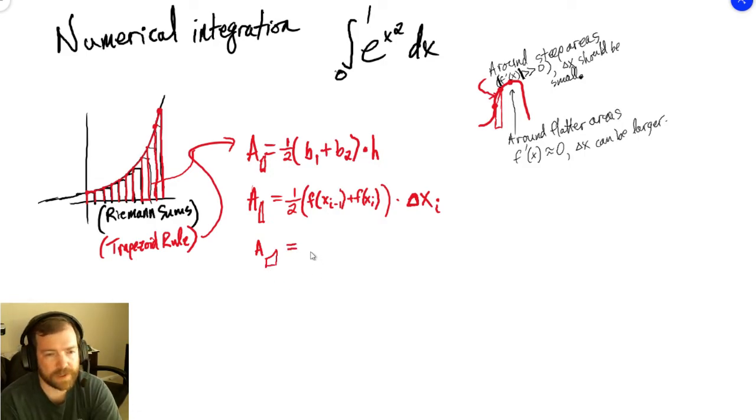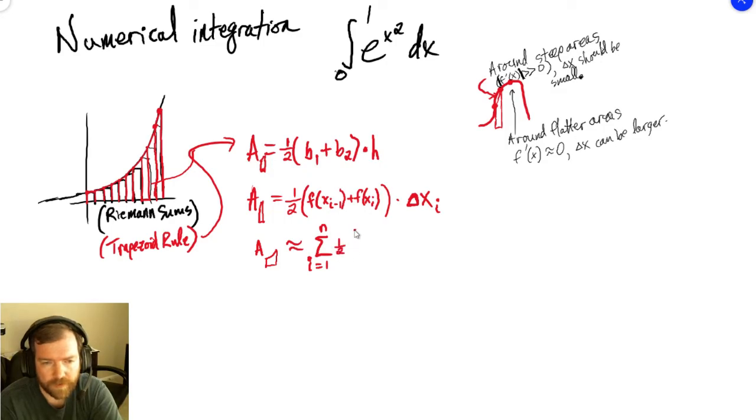So then if we want to find the area of all of it, it's actually not going to be an equality here. This is going to be approximately equal to the sum of all of these individual areas. So I is going to go from 1 to n. It's just kind of my habit.